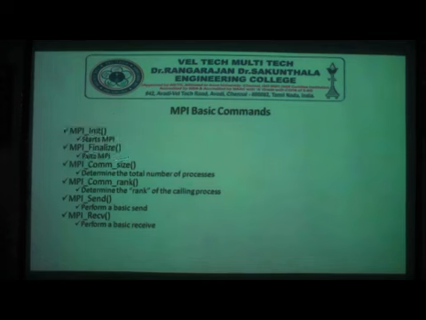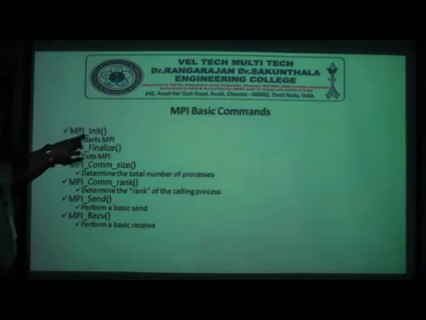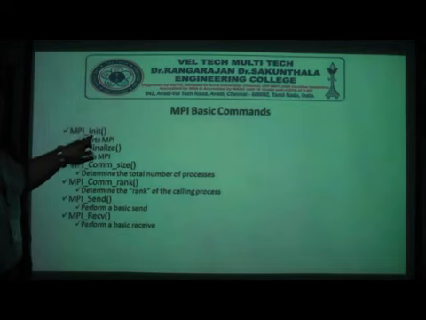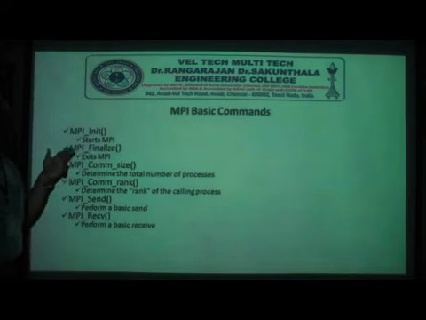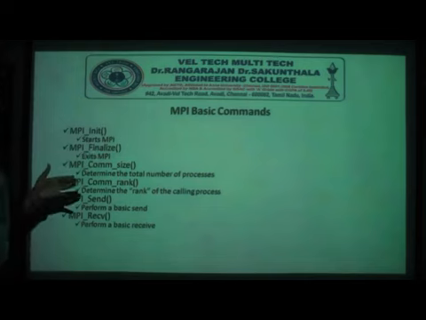The main syntax for MPI: it should be used with capital letters MPI_ and then the first letter of the functionality should be capital. The rest are small letters. Why? Because these commands are case sensitive.